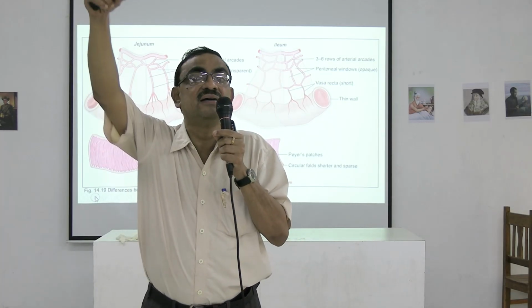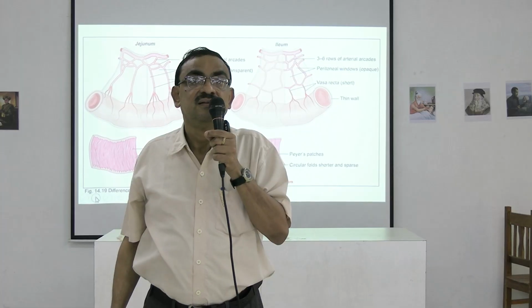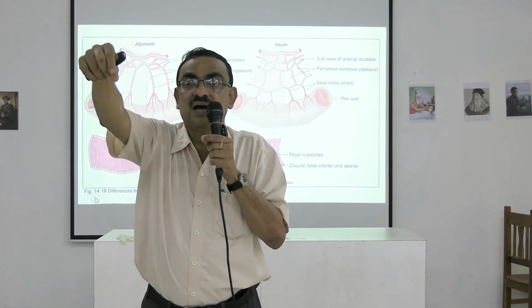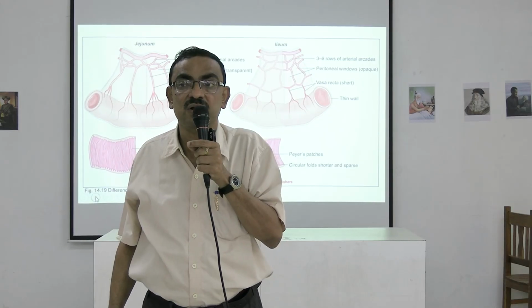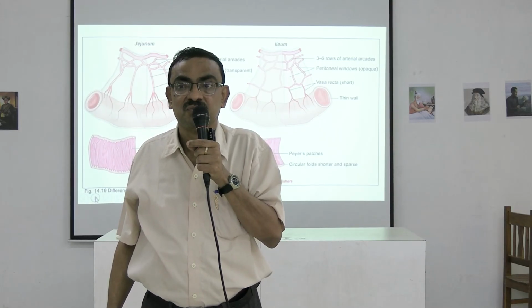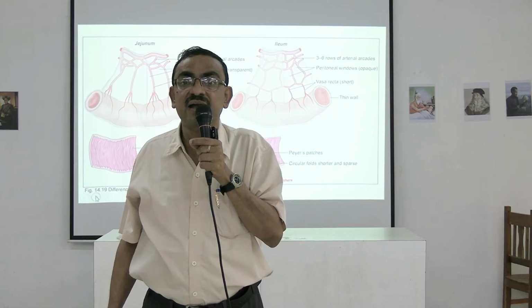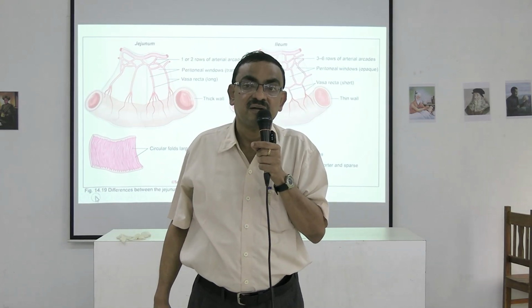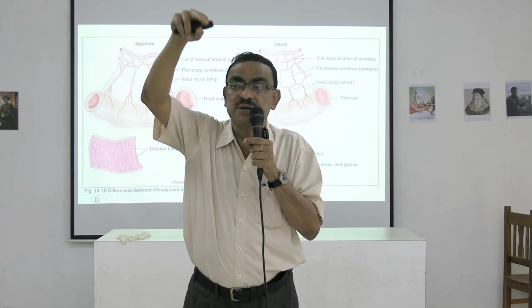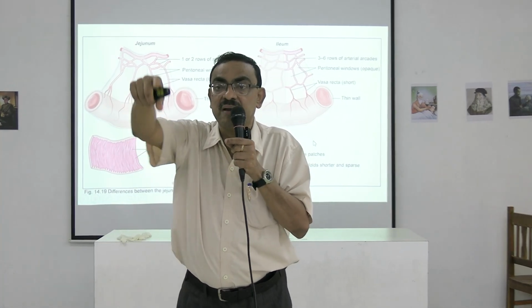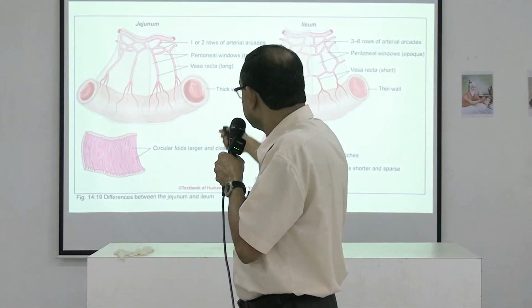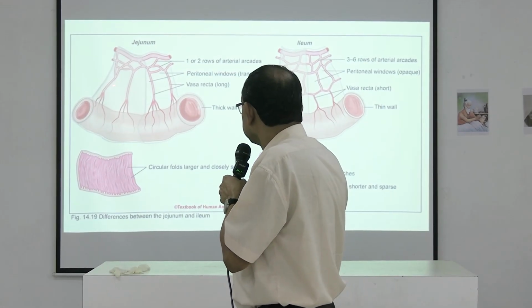When we hold the viscera of the small intestine, we can find there is attachment of the mesentery, and we can find the blood vessels also, like these blood vessels.